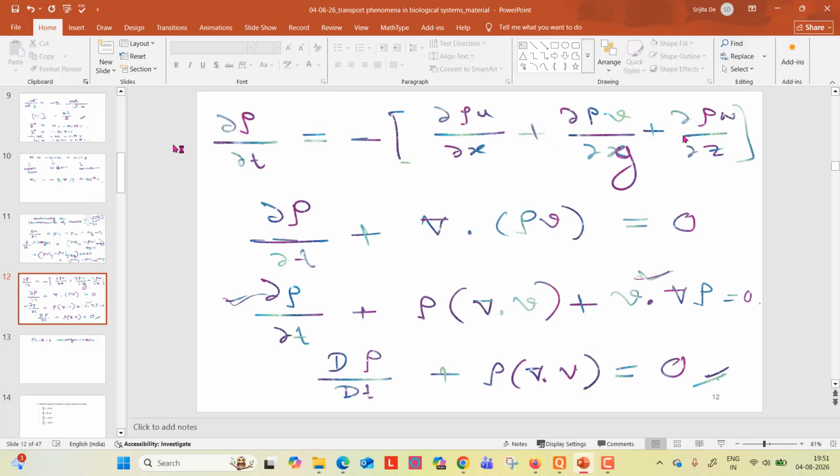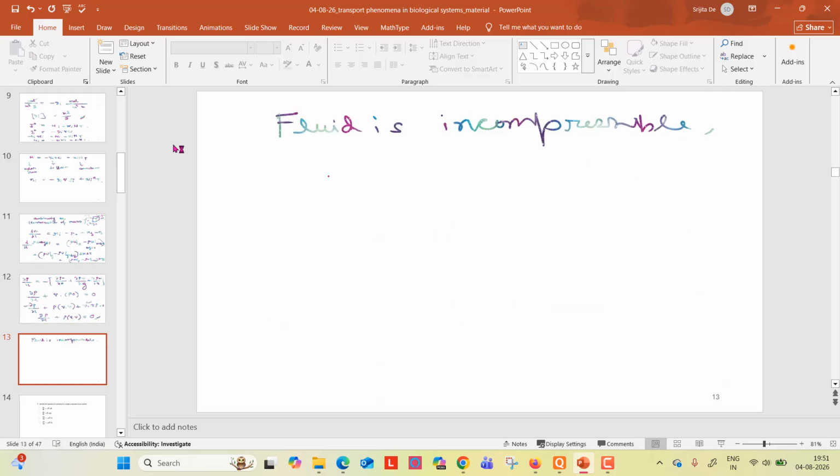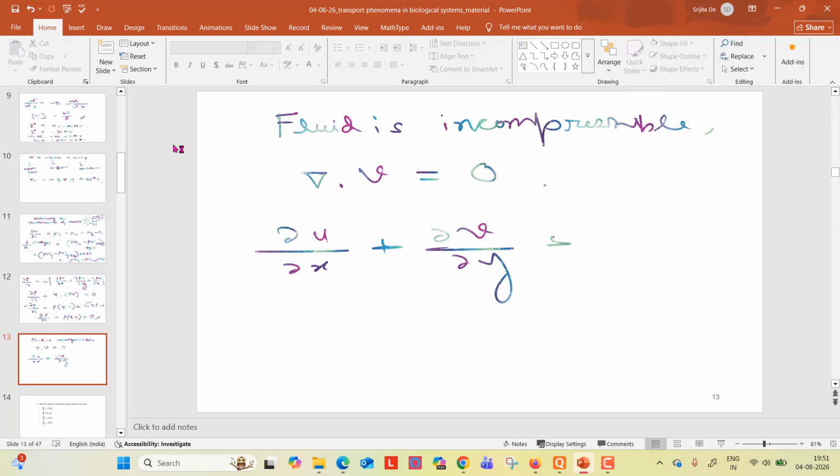Rho is a constant quantity here. So if rho is constant, you can see that it will reduce to divergence of v equals to 0. If you remember, it is nothing but the continuity equation, del u del x plus del v del y plus del w del z. It is the very popular continuity equation, right?